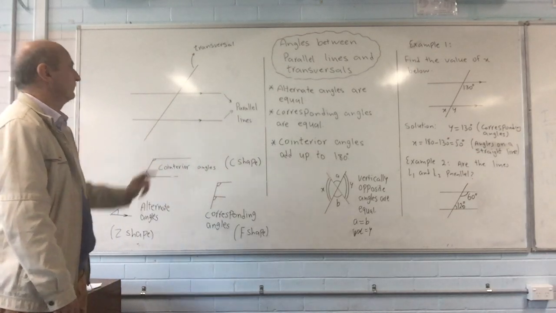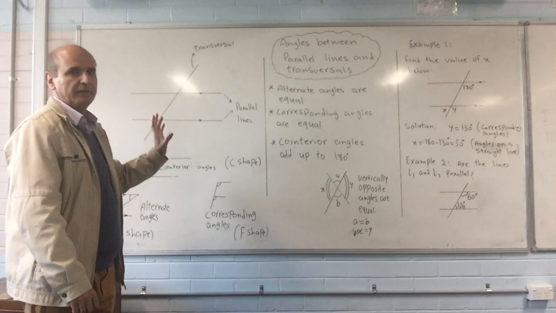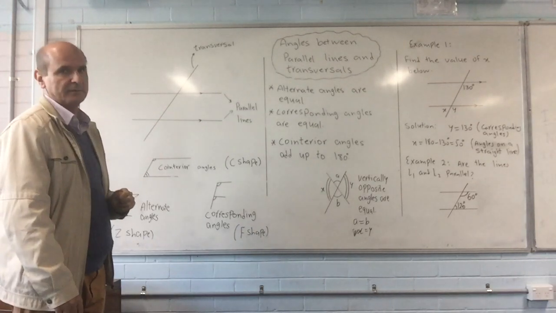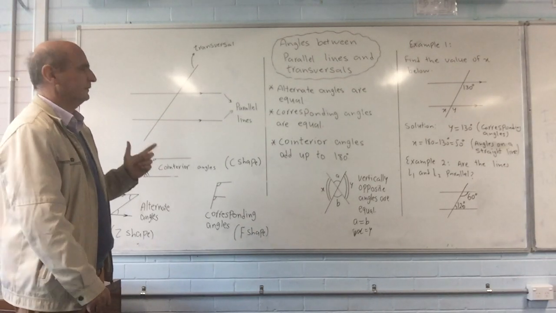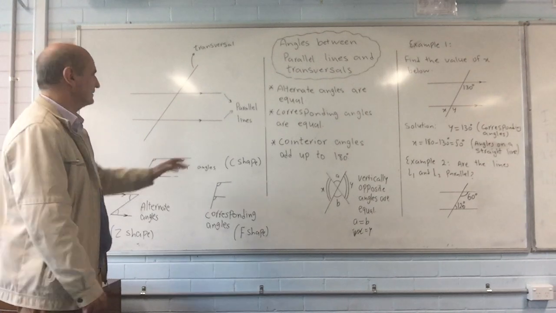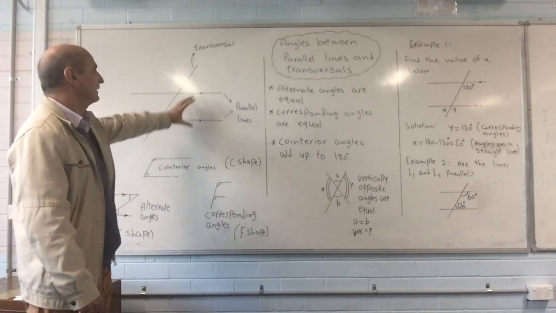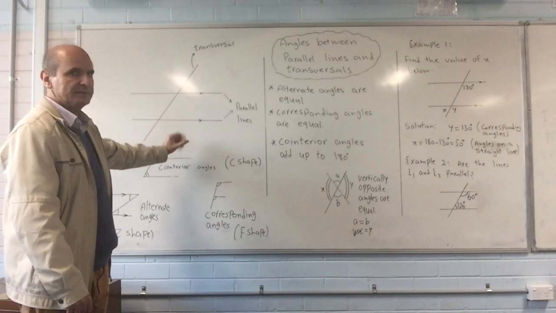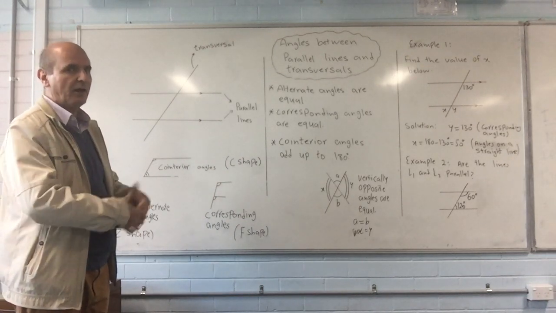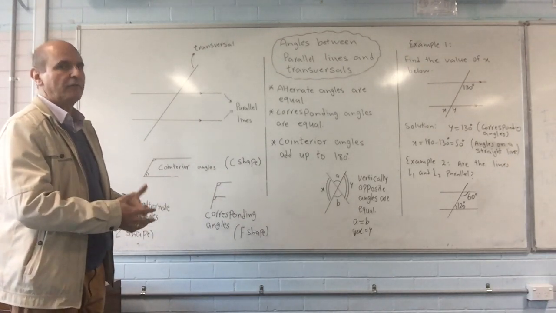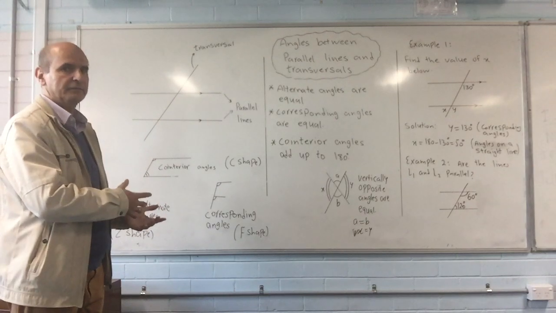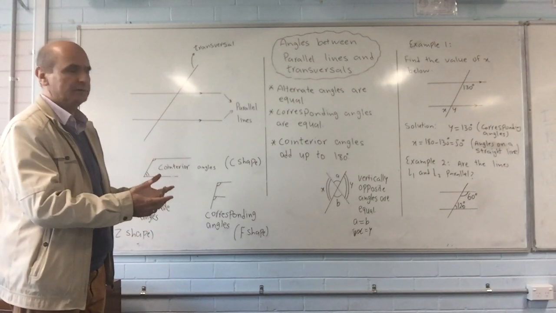6, 7, 8. But you have two sizes, and say if one of them is 50 degrees, then there are 4 angles here which are 50 degrees. And the good thing is the other angle is also 180 minus 50 degrees, so 130 degrees.